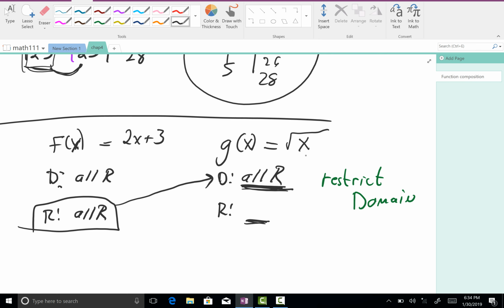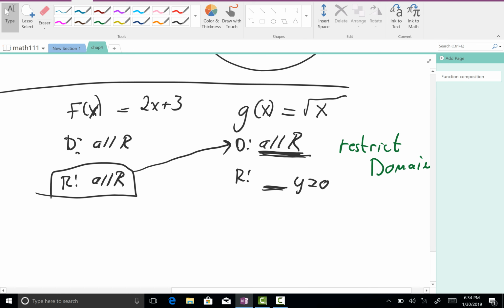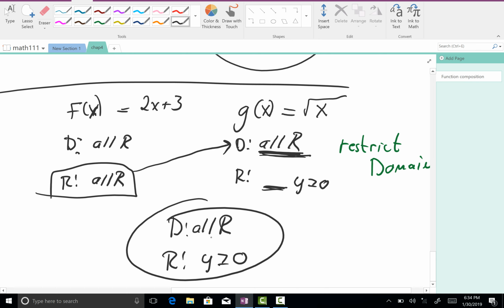What would be the range? It's got to be greater than or equal to 0. Yep. So that means if I compose this together, my domain would be all reals, and my range is going to be y is greater than or equal to 0. That's the composition.